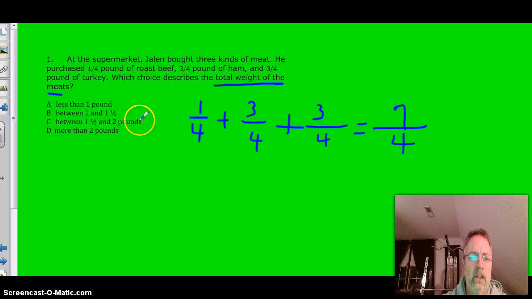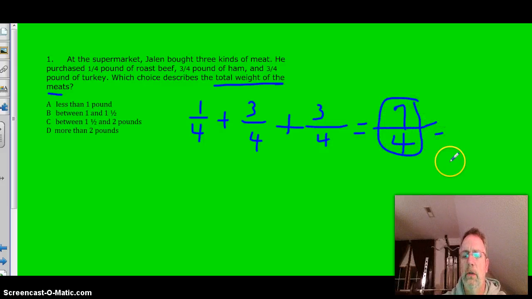As we can see, that's in none of our choices here, so we should recognize that this is an improper fraction and that we should be able to make some wholes with that. So I know that 4/4 makes 1 whole. So if I use 4 of the 4s to make a whole, that would leave another 3/4 left.